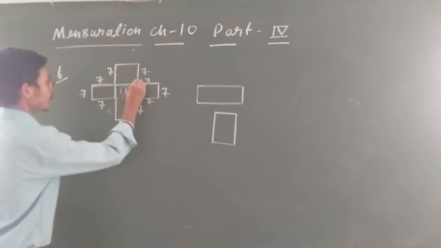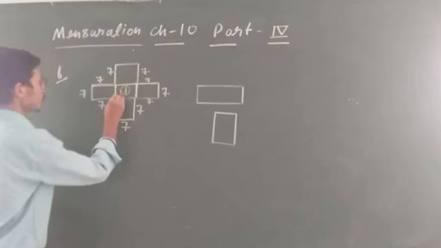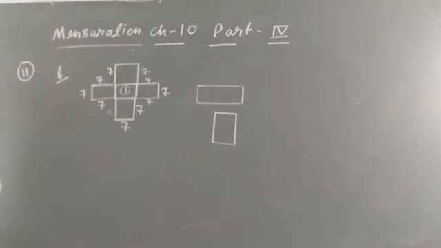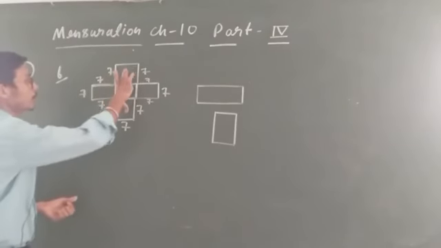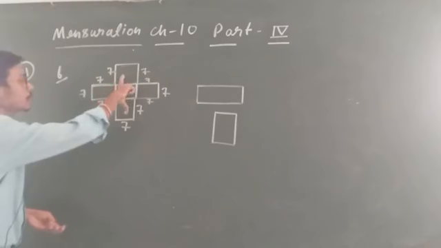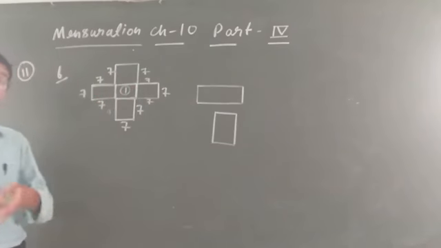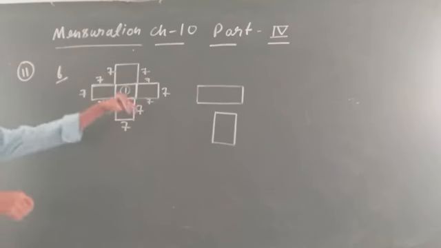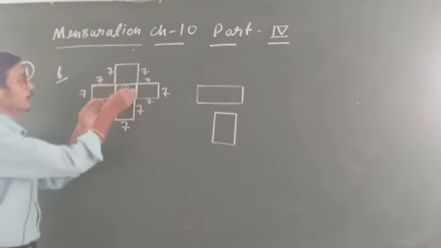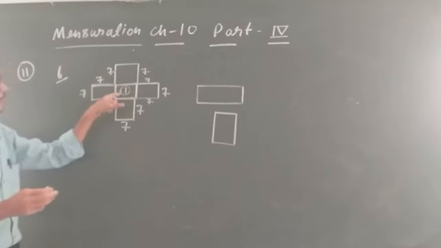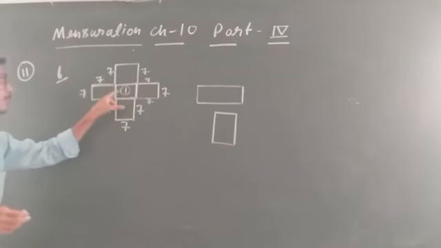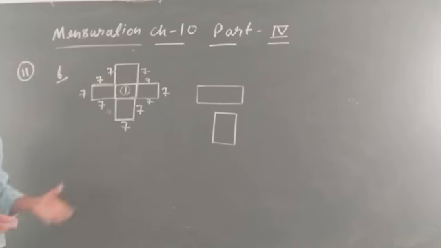And this is a square. So if you have to find the area of this diagram with the help of rectangles, you can find the area of all the rectangles, that is two rectangles formed, and then you have to subtract this one. But if you have to find it without removing this part, it means you also have to include the square, but you have to find the area of the rectangle.